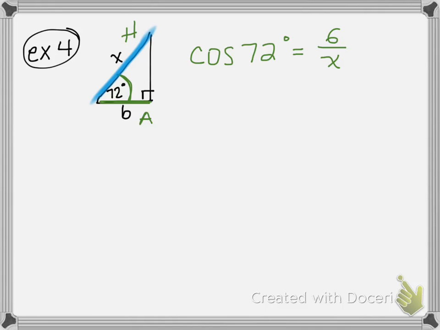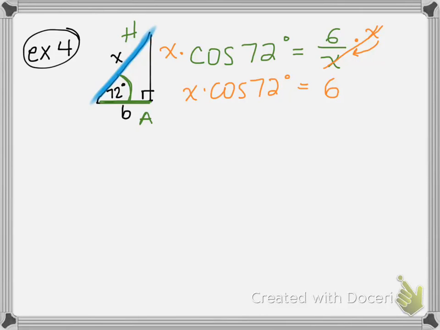Well, our x is in the bottom of our ratio right here. So what we need to do is get it out of the bottom of the ratio. In order to do that, we're dividing here, so we're going to multiply both sides by x. And when these cancel out, we're left with x times cosine of 72 degrees equals 6.